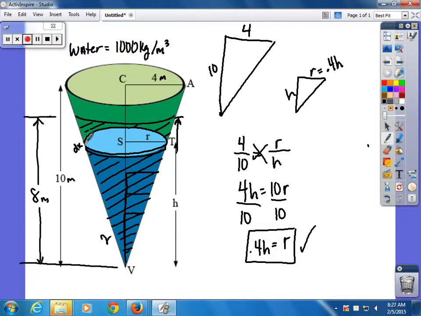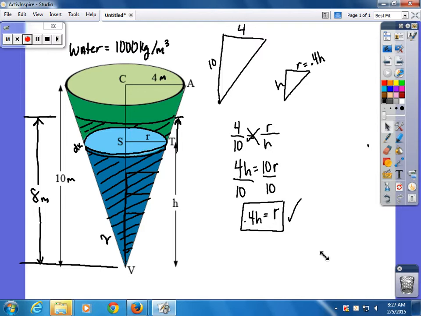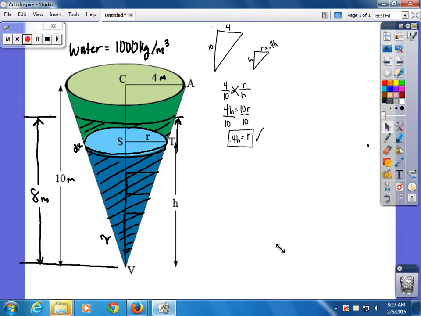Pi r squared. And we know that this height is dx. So if we were to write the area of the plunger, it's going to be pi r squared dx, right? So the area of the plunger.